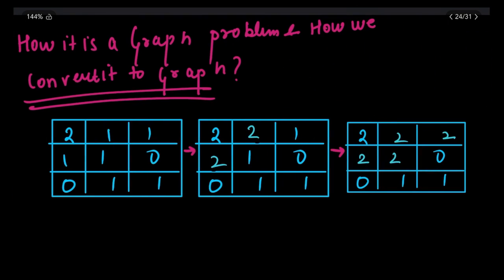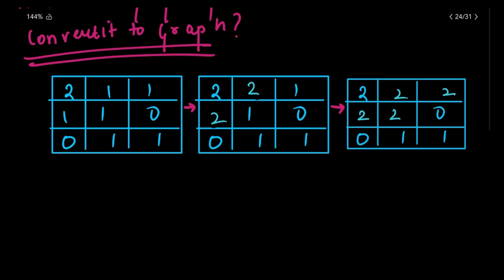Now let's look at how it is a graph problem and how we convert it to a graph. So see, the cells are dependent on their neighbors, right? The answer depends on neighbors.